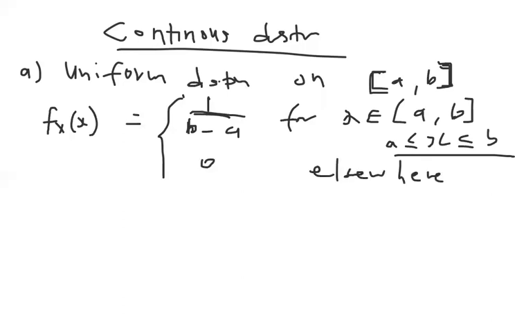I'm going to look at examples in the future, right? The second one that we know is the exponential distribution. Exponential is also a continuous type of distribution.